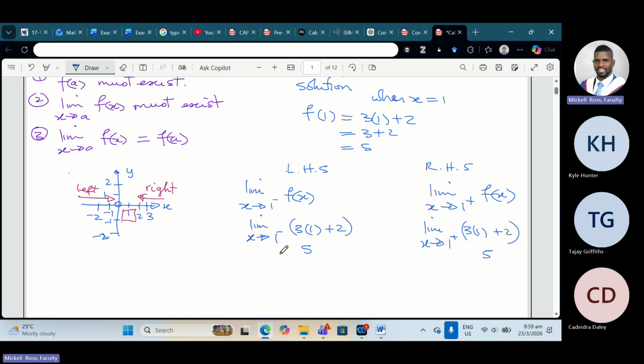And then the last part we have to do is to show that the limit as x approaches a of f of x is equal to f of a. We clearly see, and we can make a little note of it.